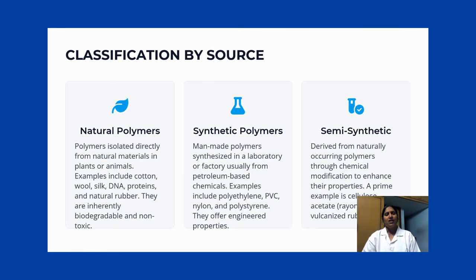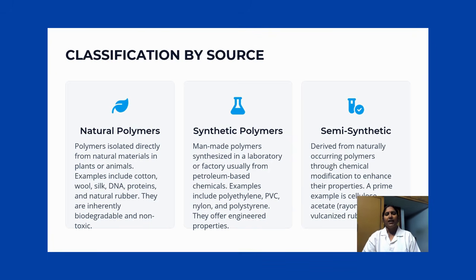Classification by source. The polymers are classified according to the source: natural polymers, synthetic polymers and semi-synthetic polymers. Natural polymers are isolated directly from natural materials in plants or animals. Examples include cotton, wool, silk, DNA, proteins and natural rubber. They are inherently biodegradable and non-toxic.